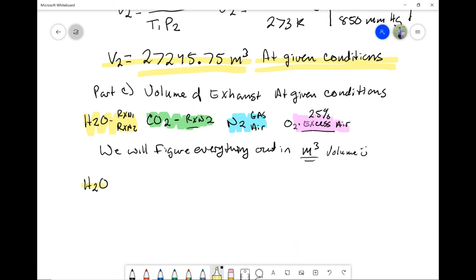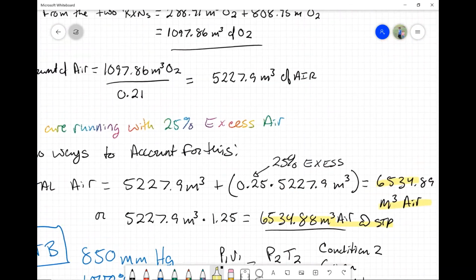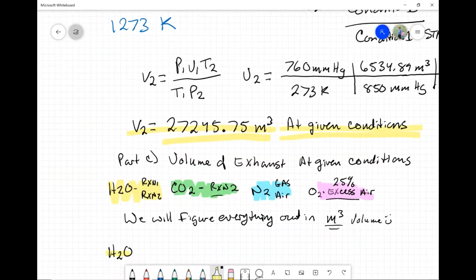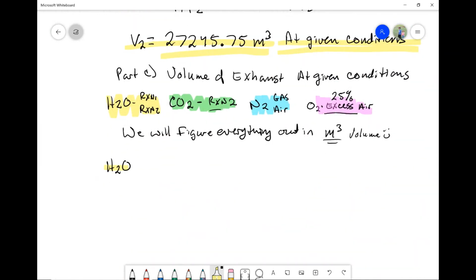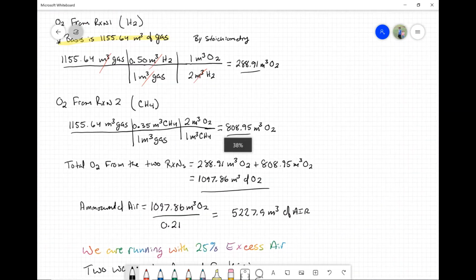If we go back to reaction 1, I'm going to rewrite reaction 1. What did I say reaction 1 was? Hold on.